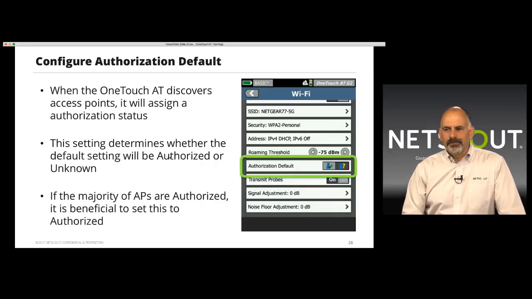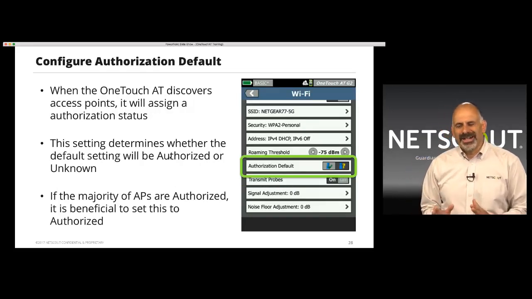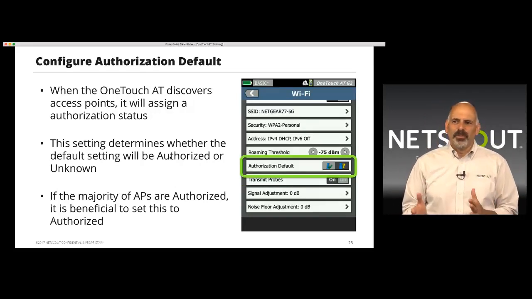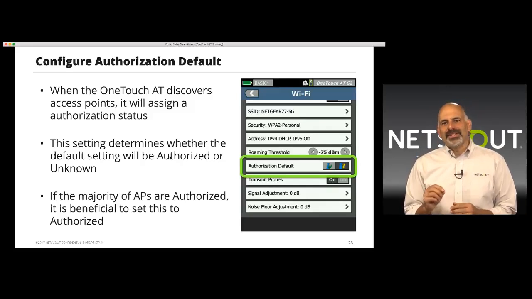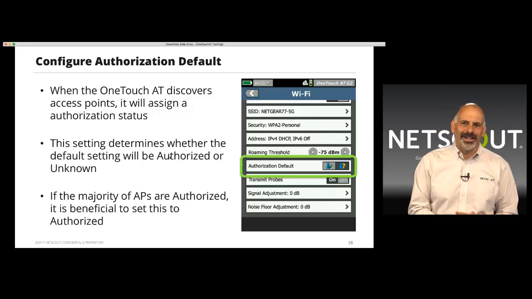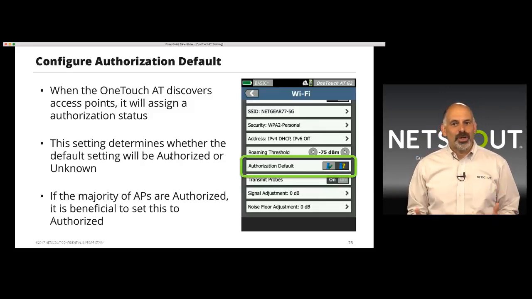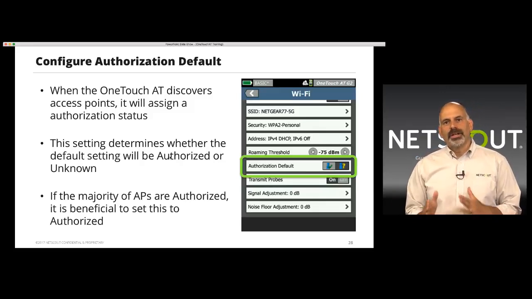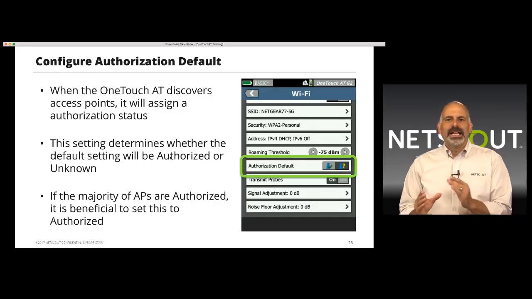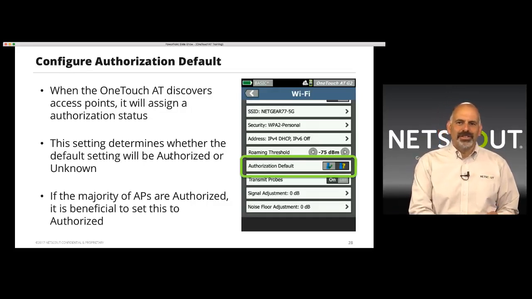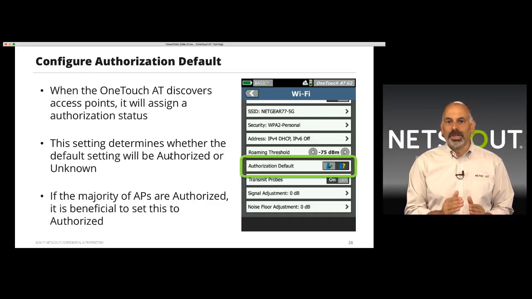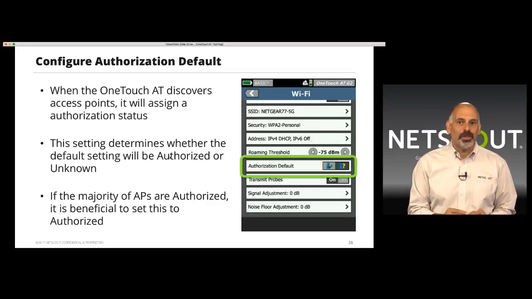Authorization default. All this does, well, I hate to say all this does because it's pretty cool. But this indicates whether a device is authorized to be on our network or not. Now, this is strictly informational. So here's the way we set this. If the majority of the devices that you discover belong on your network and are authorized, set this default authorization to authorized.